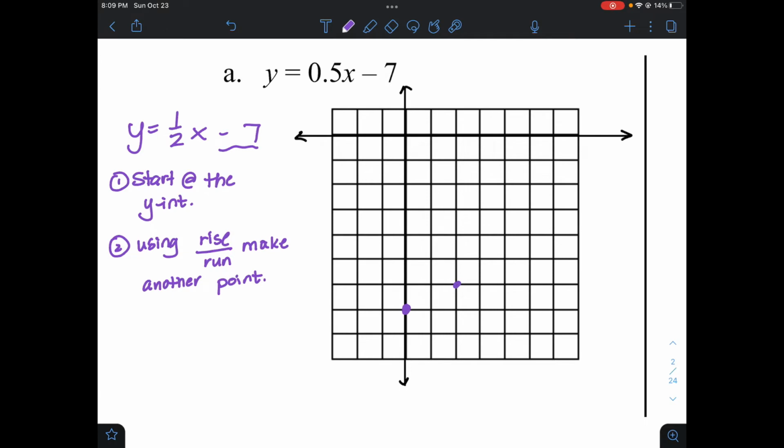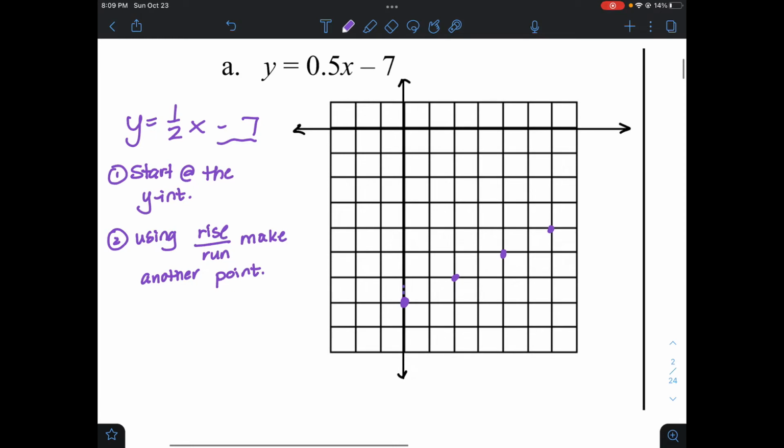And I keep going, up 1 to the right 2, up 1 to the right 2. See how we're making that triangle? I could also go down 1 unit, but if I go down, I have to go to the left 2 units. And then we can connect them all with a straight line.